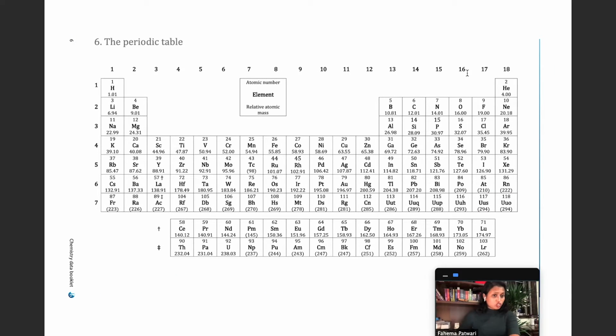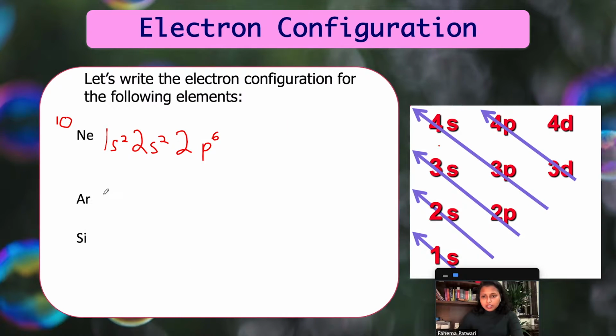Let's look at argon. Argon is another noble gas right over here, 18. So 1s2, fill it up, 2s2, 2p6, that's full. And that's 10 and 8 more to go. So after 2p is 3s. 3s2.